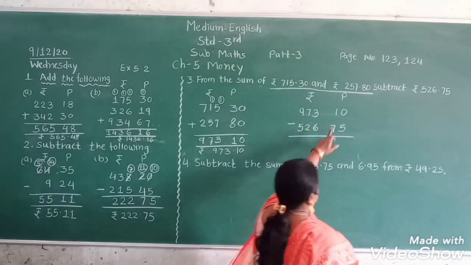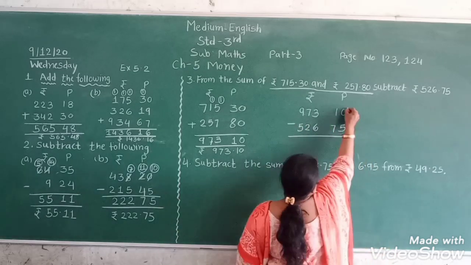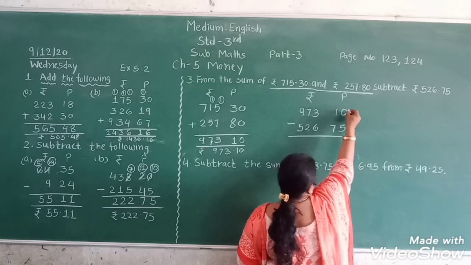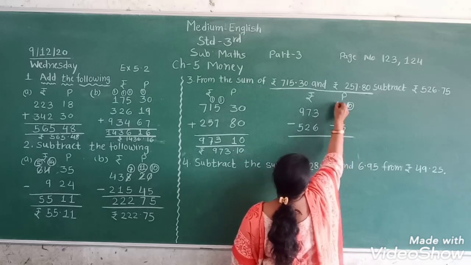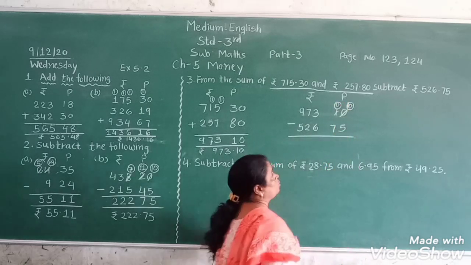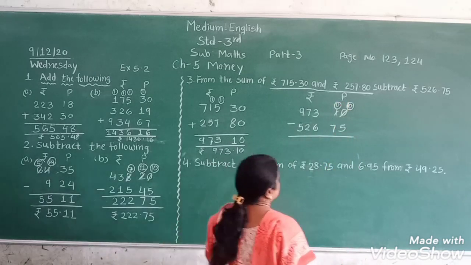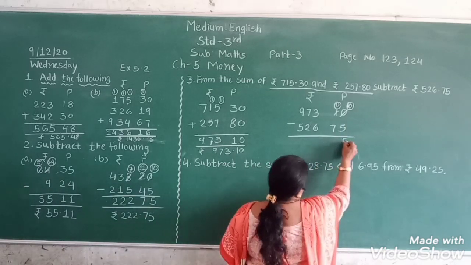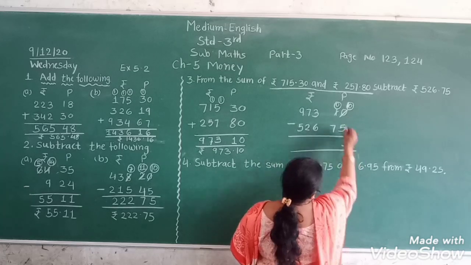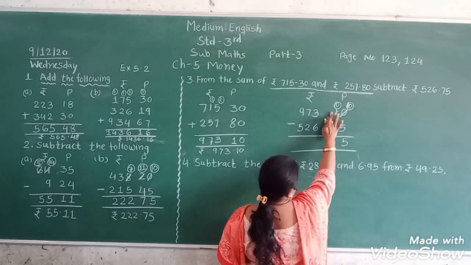Now here 5 minus 0, so we take borrow 10. Here 0. Now 10 minus 5, 5. 0, 7 cannot be subtracted from 0.